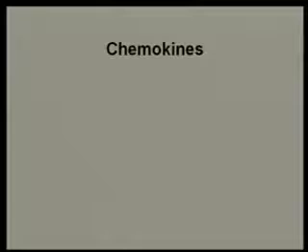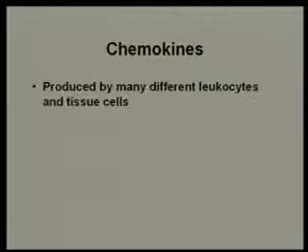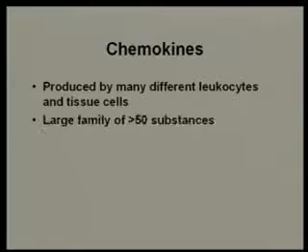Now, chemokines, as I discussed before, these play an important role in the migration of cells to the site of infection or inflammation. So the chemokines will tell cells to travel to the site of infection. Chemokines can be produced by many different leukocytes, as well as different tissue cells. Chemokines is not just one particular type of substance, but there are actually more than 50 different chemokines so far that have been isolated.